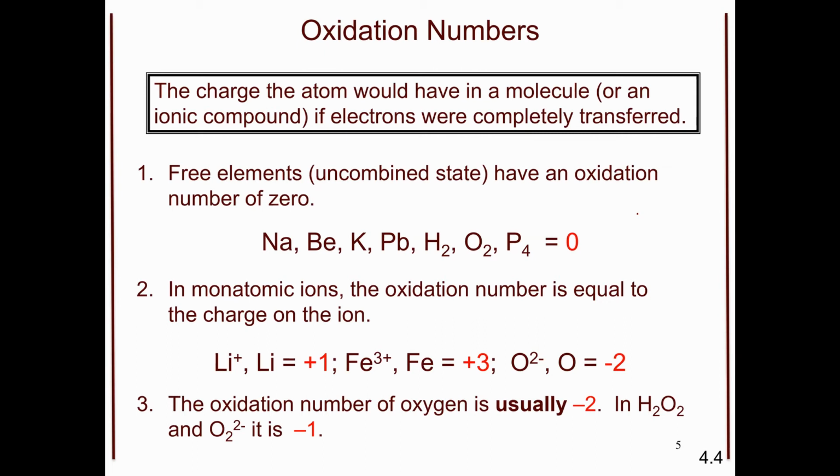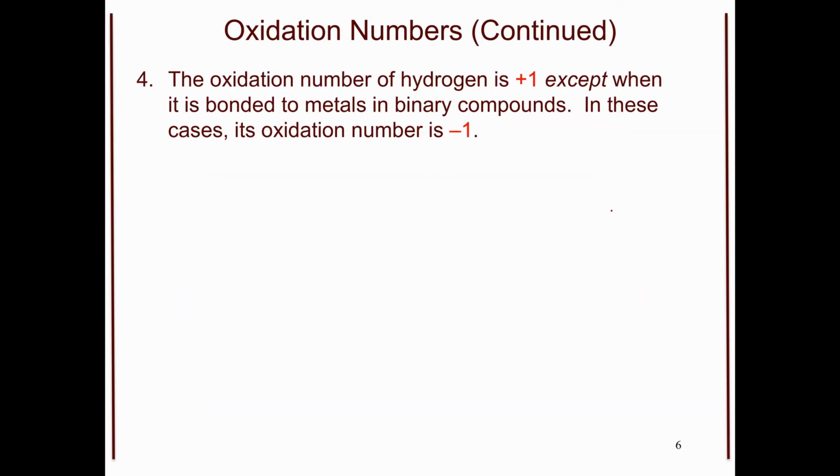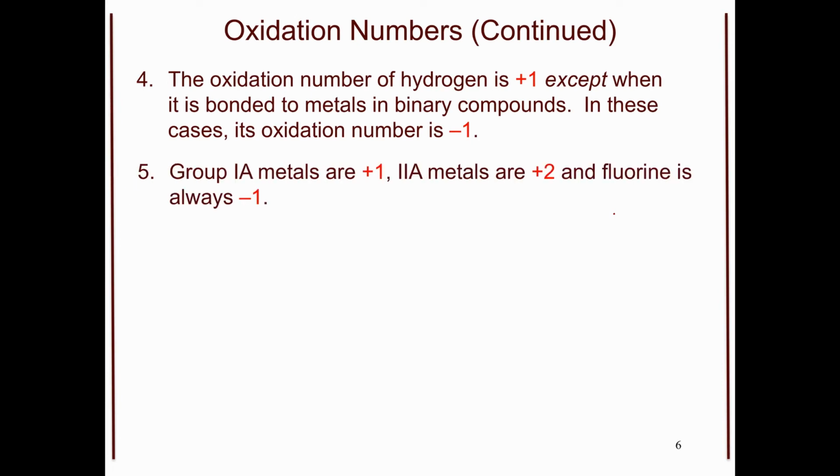This is going to help you out when you are trying to determine the oxidation numbers of many of your polyatomics. Let us go to rule 4, which states the oxidation number of hydrogen is +1, except when it is bonded to a metal in a binary compound. If it is a binary metal compound, then the oxidation number is -1. So what does that mean in this case?